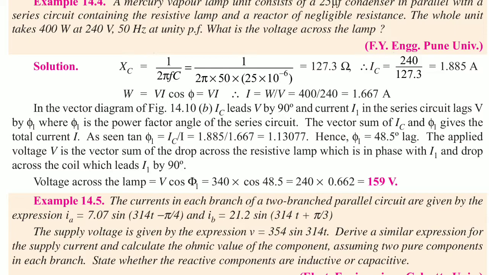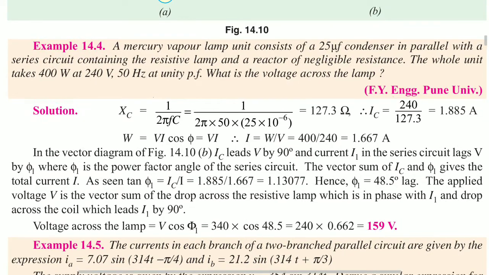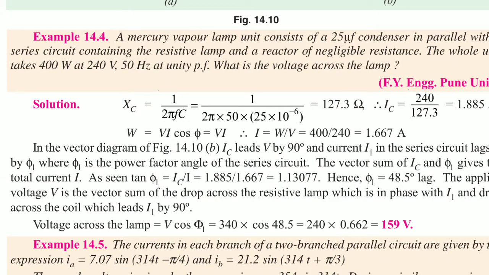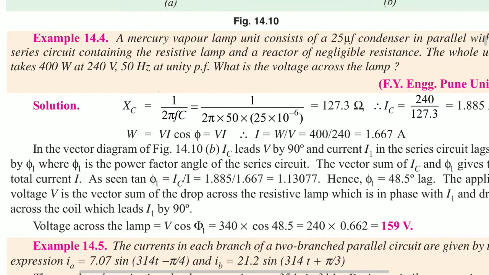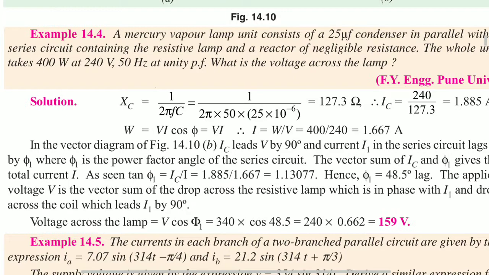So what is the voltage across the lamp? What is the given data here? In solution, 25 microfarad condenser. That means here C is given.